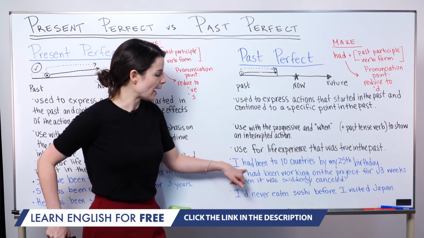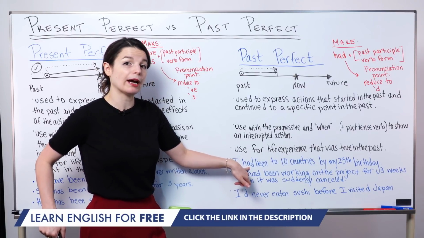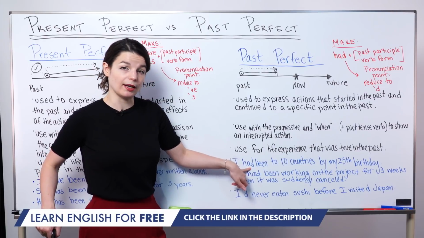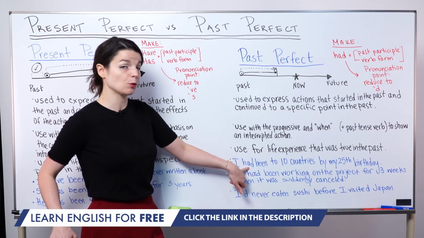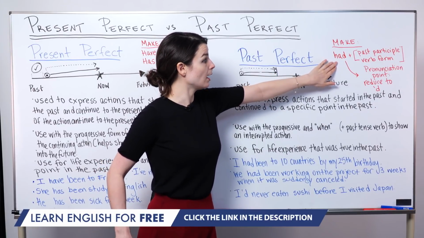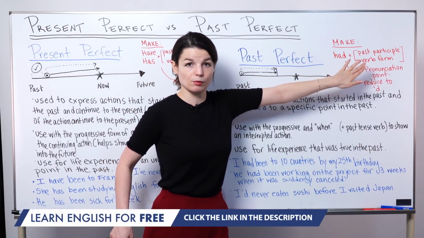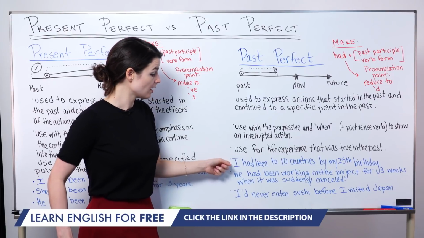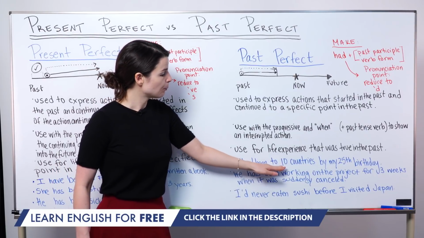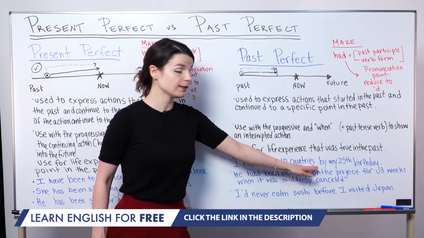We're using the verb have, yes, but because it's past tense, past perfect tense, we need to conjugate, we need to change this verb to past tense. So to make past perfect tense, we use had plus the past participle verb form. In this case, I had been. Okay, so I had been to 10 countries.